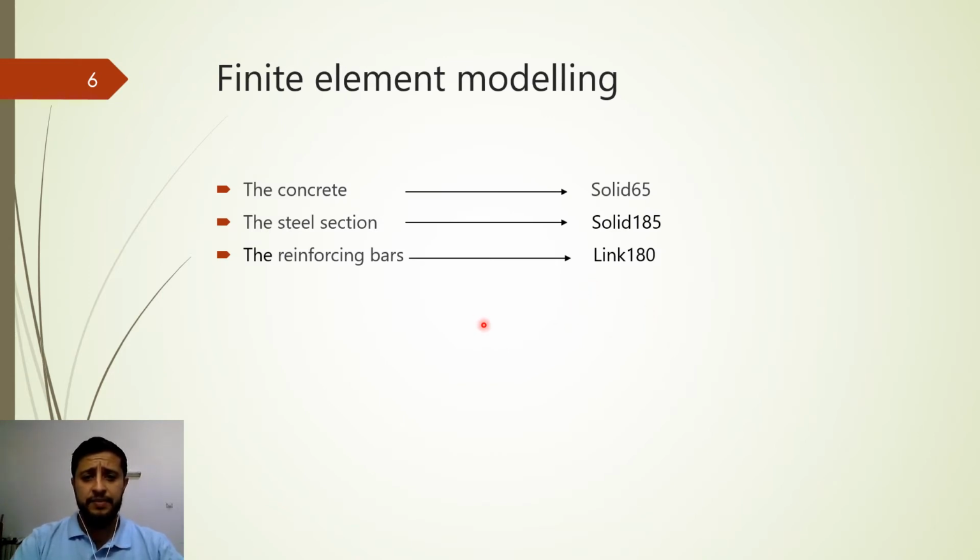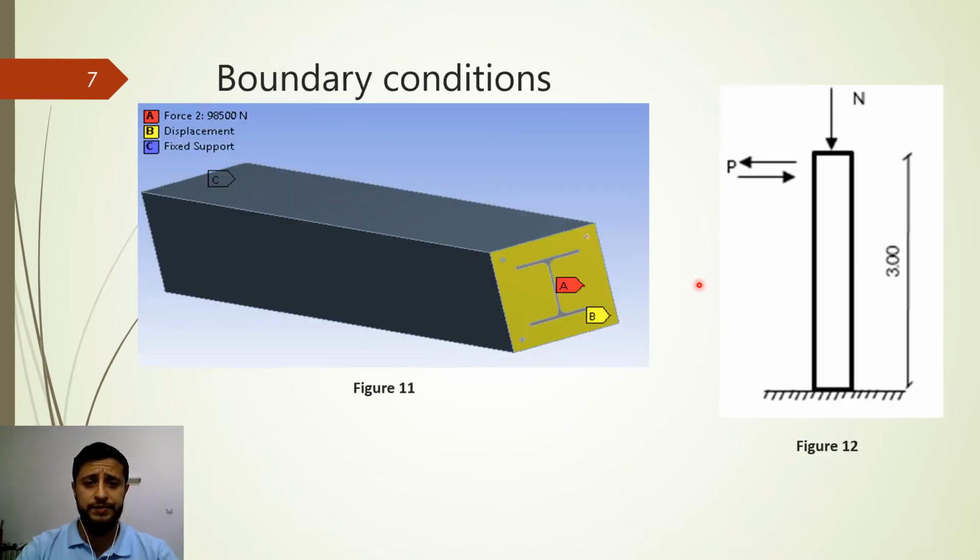Finite element modeling. Considering several studies reported in the literature, it was decided to choose the finite element models SOLID65 for the concrete, SOLID185 for the steel section, and LINK118 for the reinforcement bars of the ANSYS code.